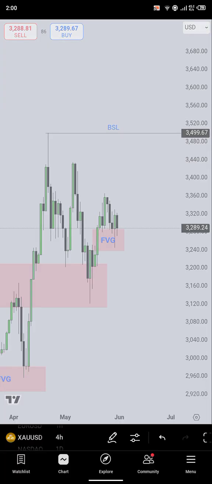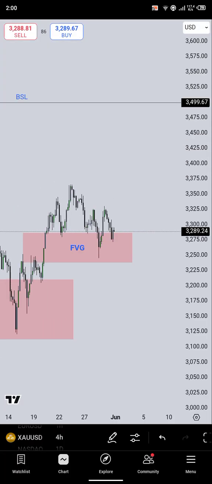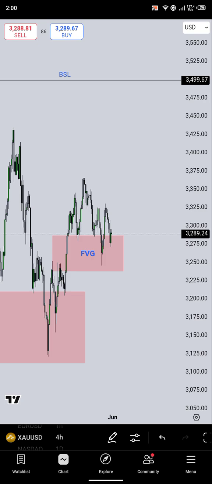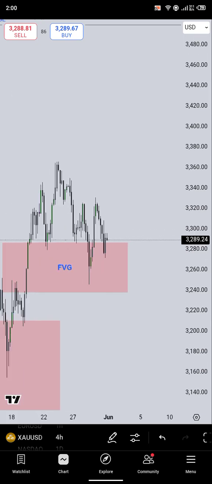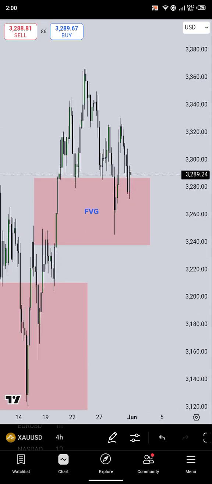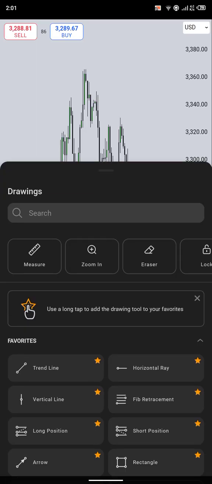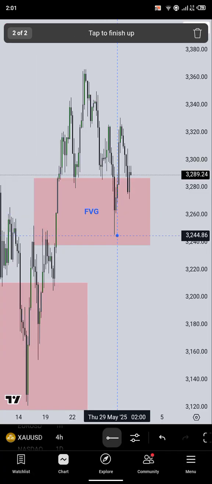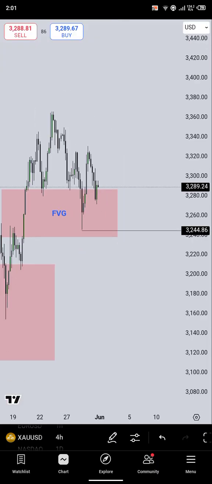If I go to a 4 hours, so it is either we come down one more time to take out this sell side liquidity, that's this one here.